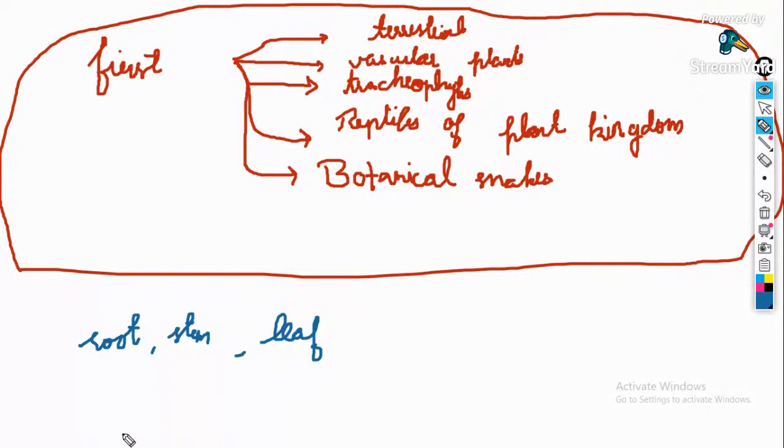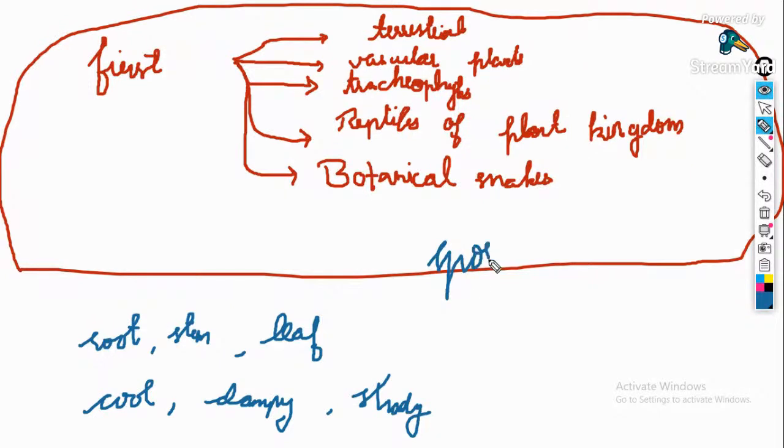They grow in cool, damp, or shady places. And the dominant phase is the sporophyte. Sporophyte is the dominant phase, independent and free living.